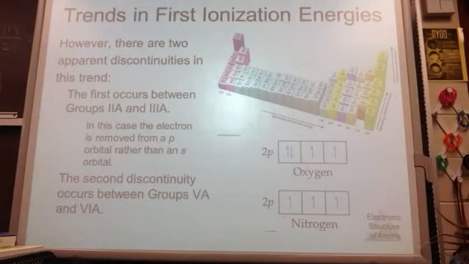But why? I see a slight decrease here because beryllium has a full s orbital that's filled, right? So beryllium would be 2s2, versus boron is 2s2, 2p1.